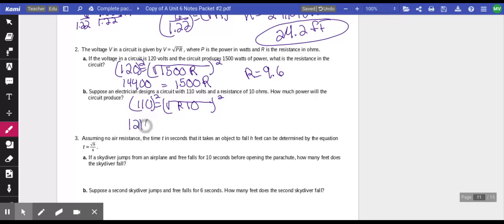So that's 121,000 equals P times 10, sorry, my P looks like an R. Divide both sides by 10. And my answer is 1210 volts.